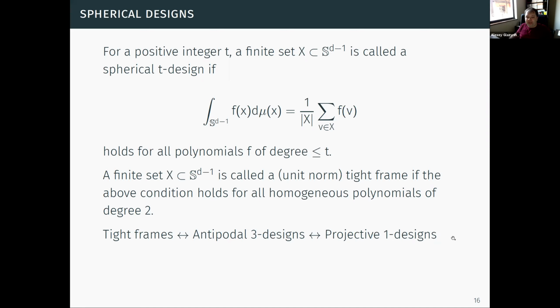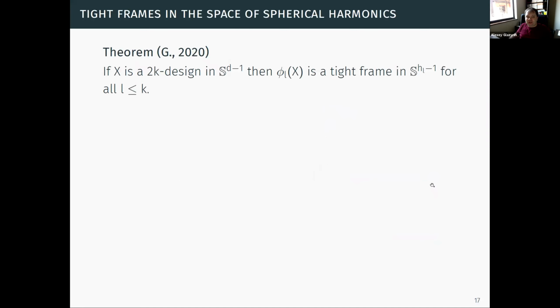Okay. So here's a new result in this direction. It appears that if you take a 2k design and you use our mapping to the space of spherical harmonics, you always get a tight frame. The degree of the polynomial should be no greater than k though.